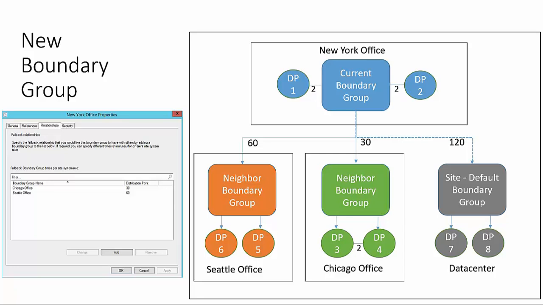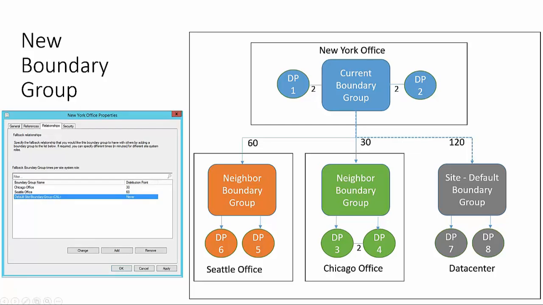Or in a scenario, if a client is not part of any boundary group, it can seek content from the site default boundary group. If you don't want the client to fall back to its default site boundary group, you can configure it to never fall back. This is an available option.